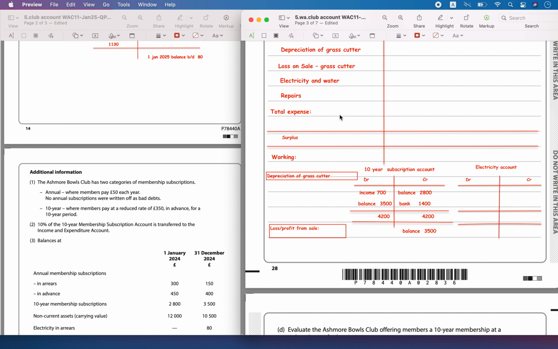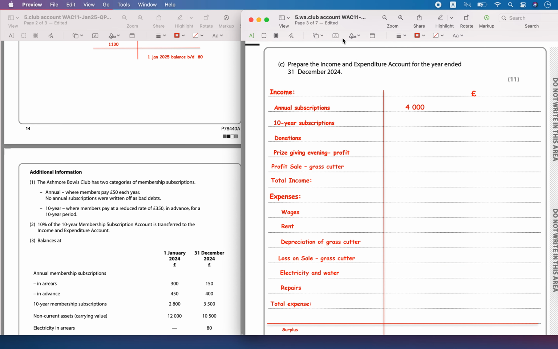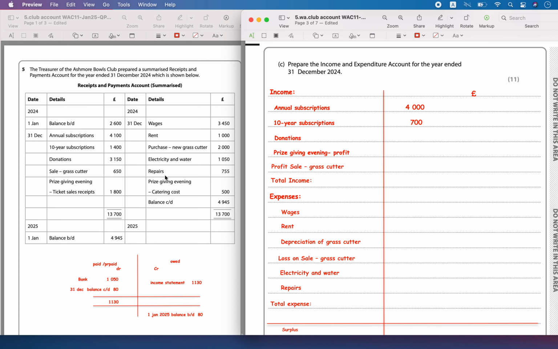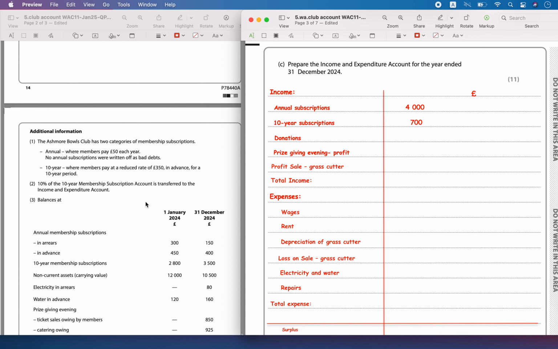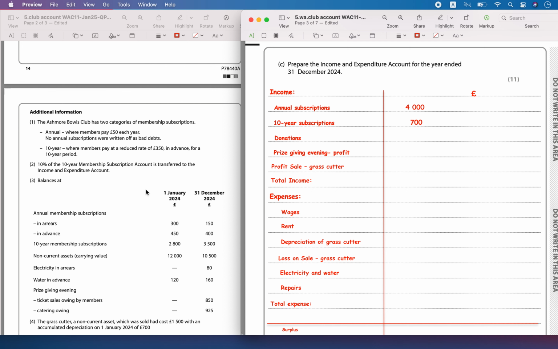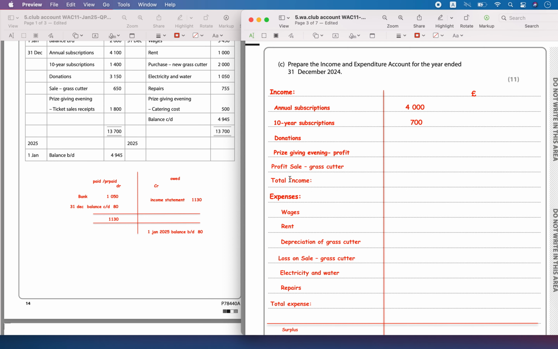The income from the 10-year subscription that would be transferred would be 700. Then donations. The donations were 3,150, and there is no other information related to donations, so you just write 3,150.